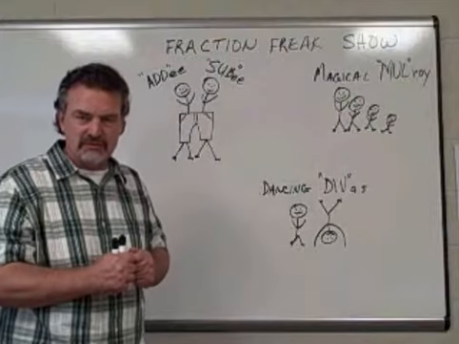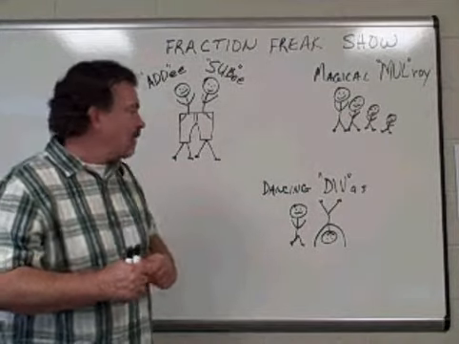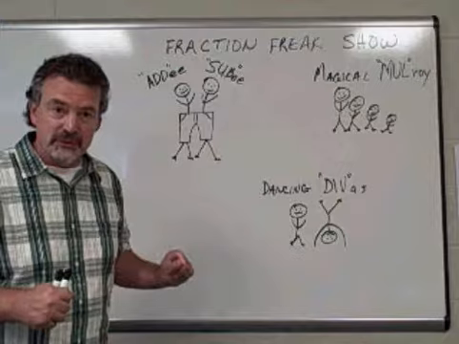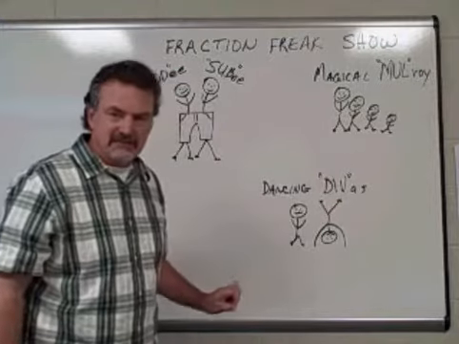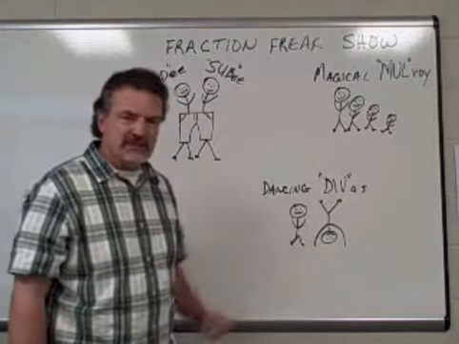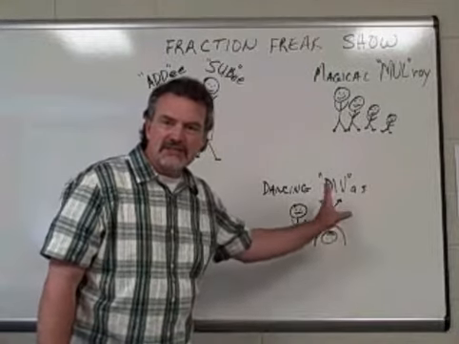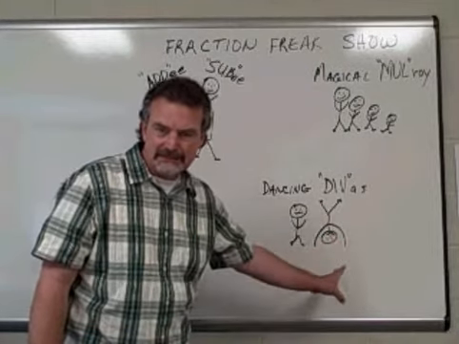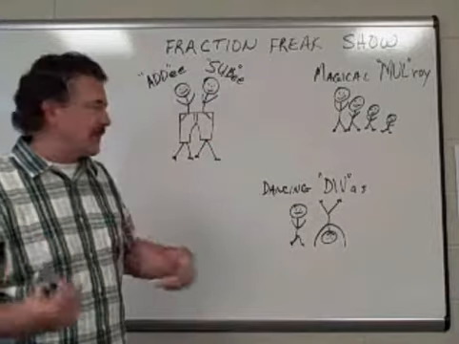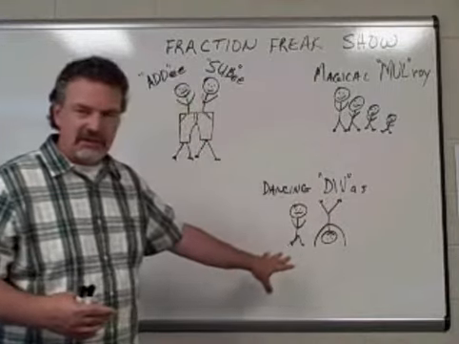Well, the third act here at our fraction freak show is the dancing divas. And look at the dancing divas. Look at the second dancing diva. She always dances upside down. Well, what does that tell us about dividing fractions?